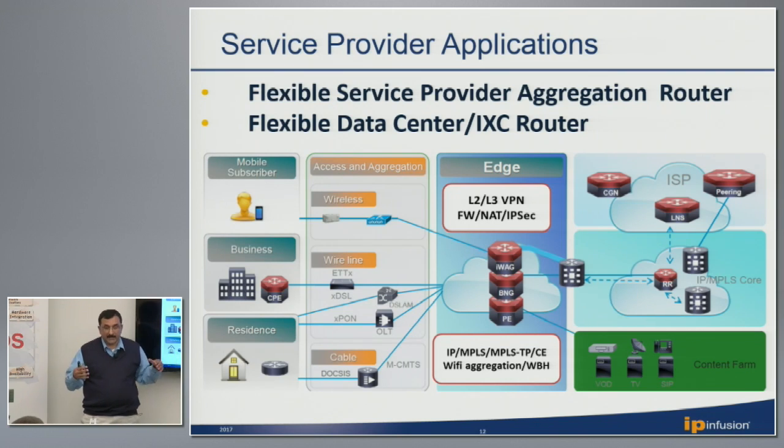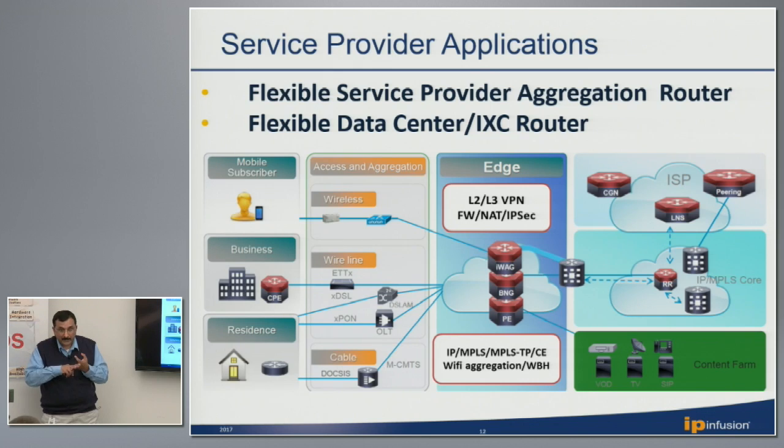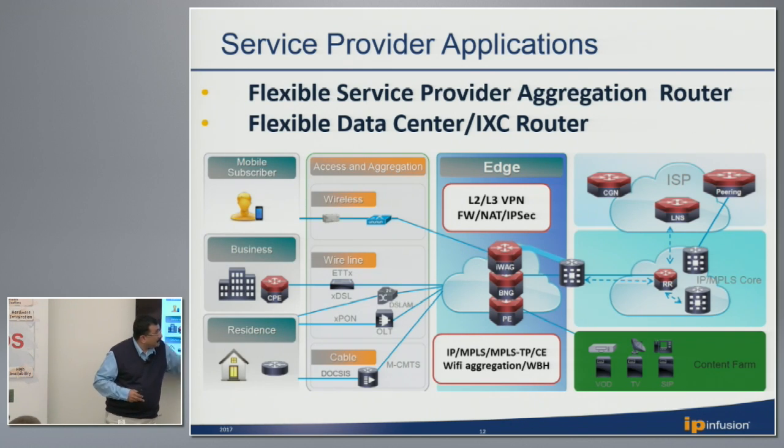With a Qumran-like device, you don't have to have a big refrigerator-style chassis. You could have a couple of these stacked together, and you get a very high density. And in the backhaul, you could do the traditional services like VPLS, carrier supporting carrier, pseudo-wire transport. So that is what we are positioning.